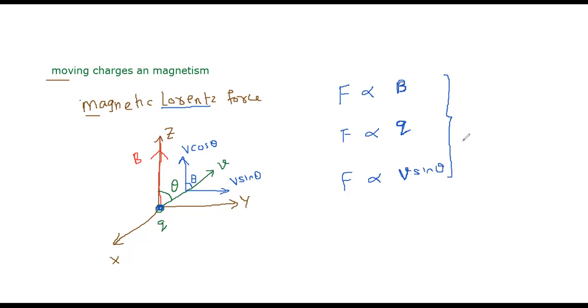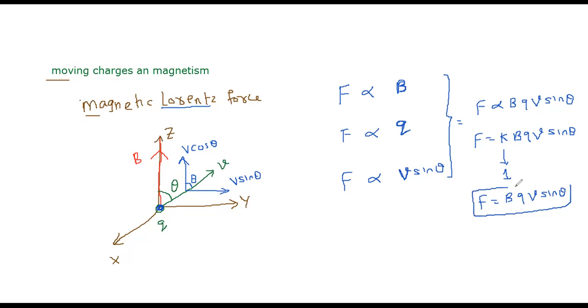Combining all three, F depends on BQV sin theta. With constant K equal to 1, F is equal to BQV sin theta.